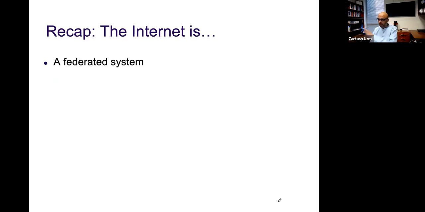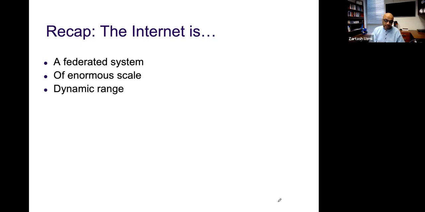So, a recap of what we have talked about: the internet is a federated system, a system in which all the hosts are able to communicate with each other, connected with each other, of enormous scale. It has a dynamic range, lots and lots of diversity, lots of different kinds of users, different kinds of technologies, different kinds of devices.